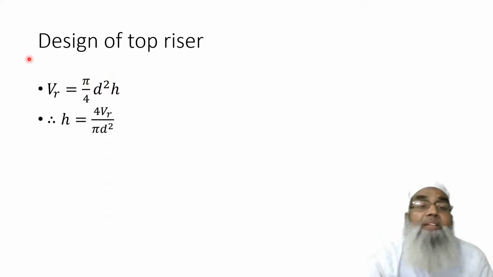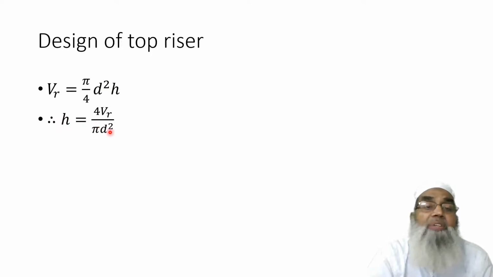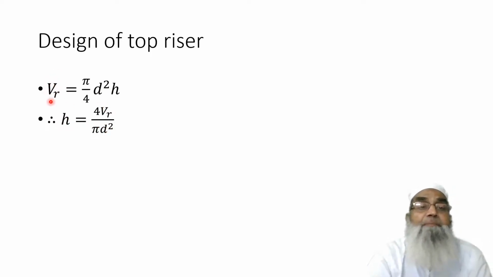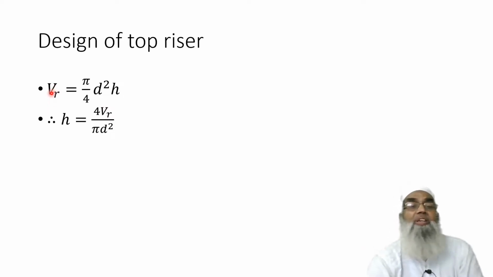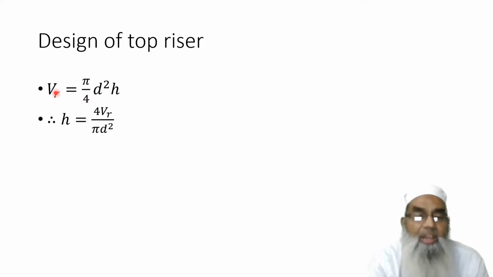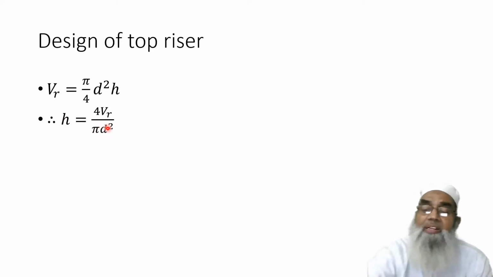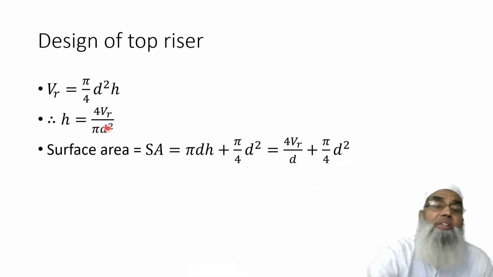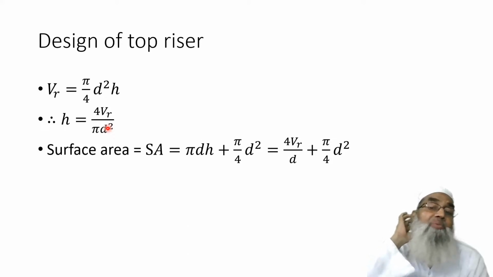VR is constant, as we have already seen the amount of material in the riser, and therefore the height and the diameter of the riser can be related to each other, and we can find the surface area.